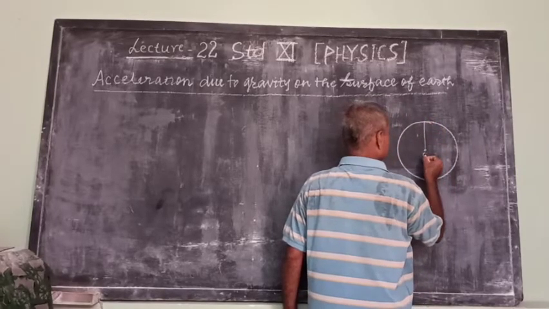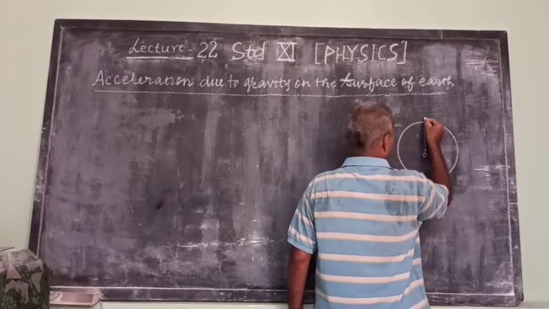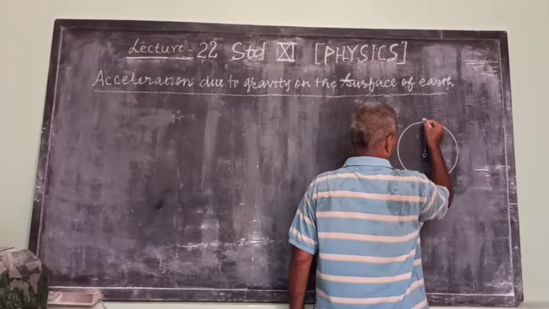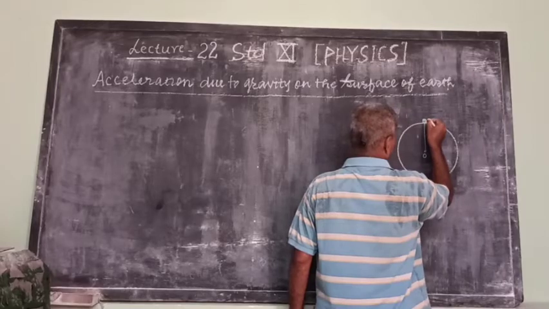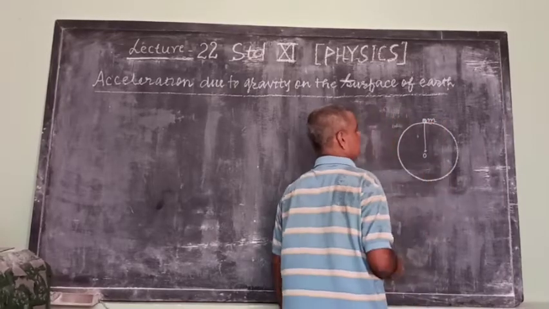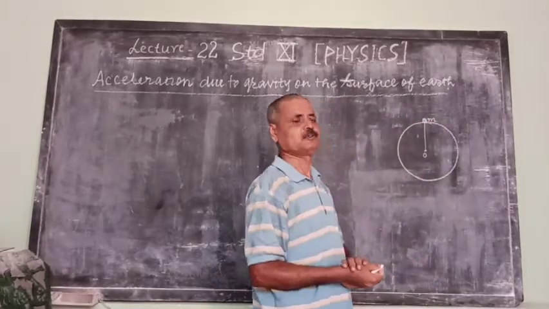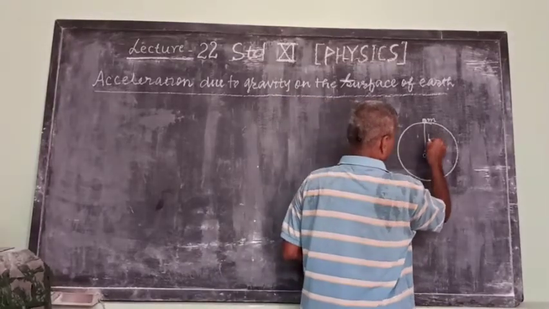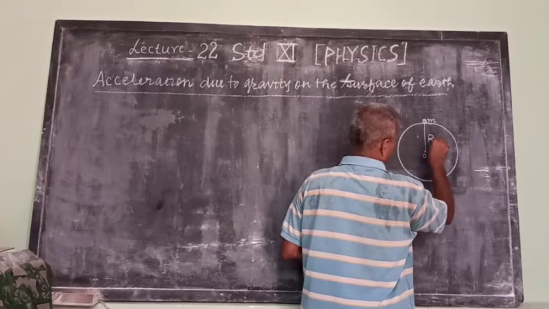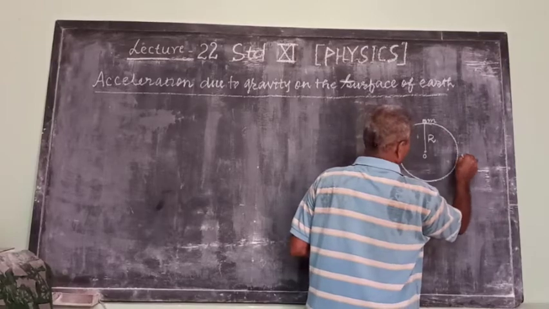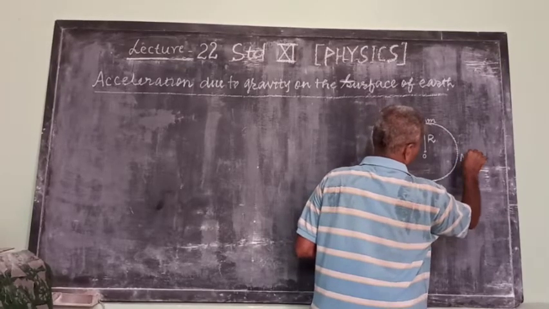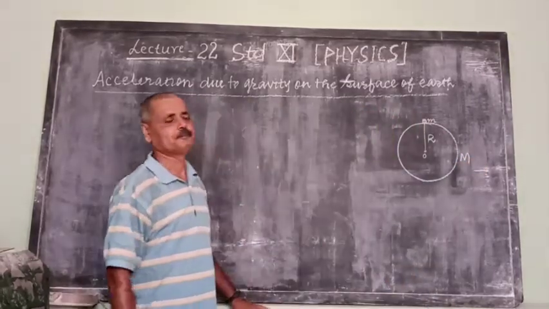This is the center of the Earth, and suppose the body of mass m be situated on the surface of Earth, having radius r and mass of the Earth is M.